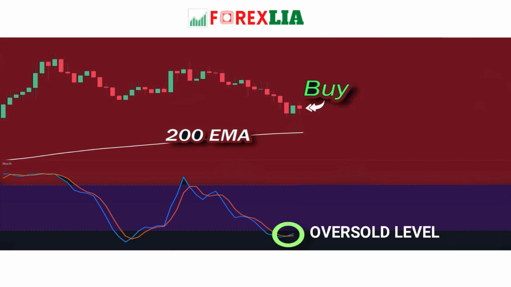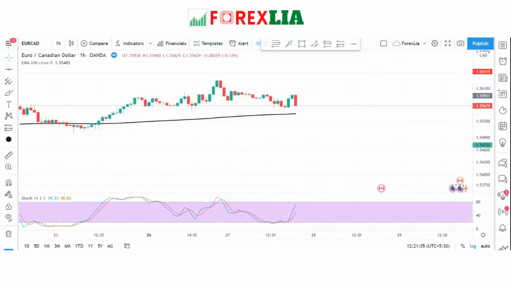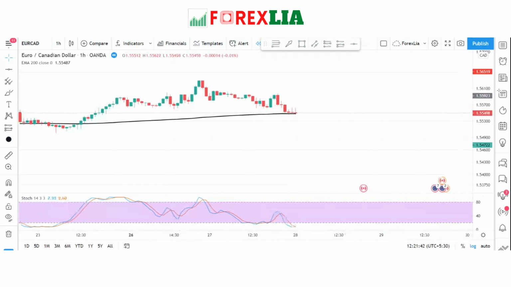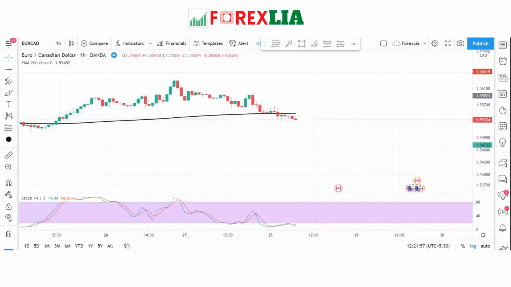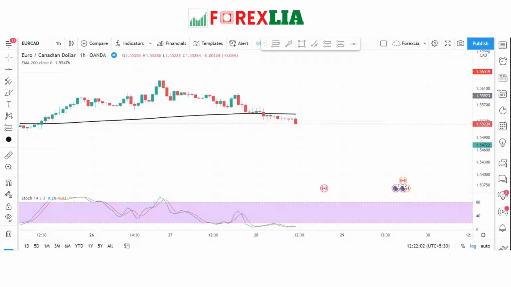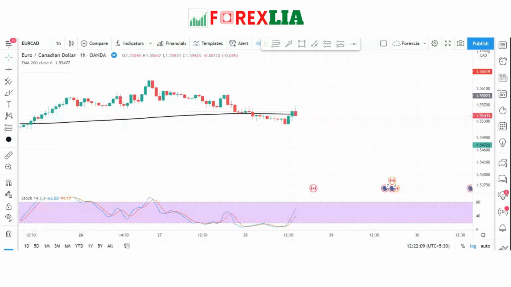If the price is above the 200 EMA while the stochastics is at oversold, you take a buy position. This is the stochastics confirmation at the oversold level and the 200 EMA confirmation.